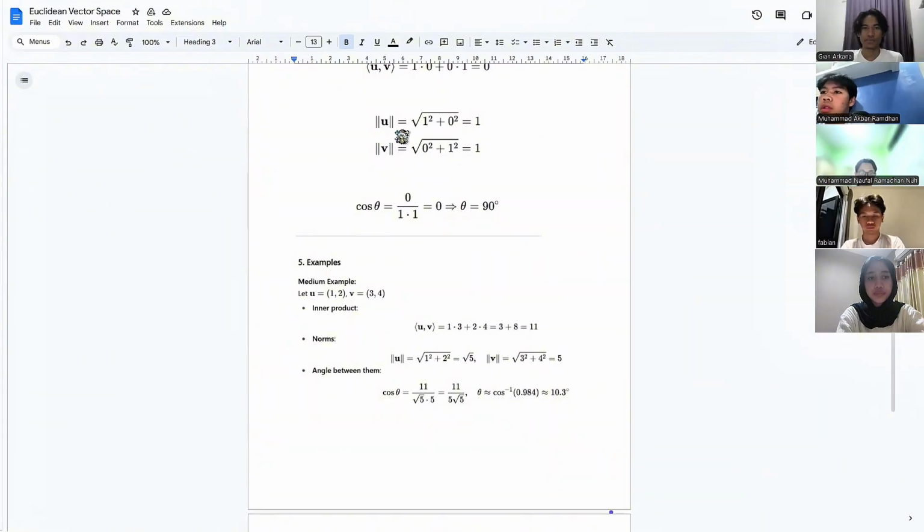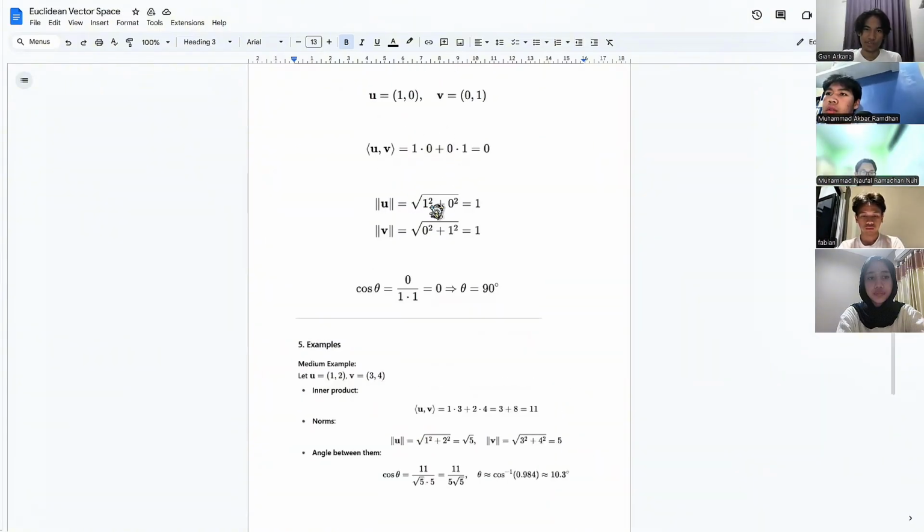Like here in the length of vector u, the first member is 1, we square that, and we add it with the second member squared, 0. 1 squared is 1 plus 0 squared is 0. That means the length is the square root of 1, which is 1.